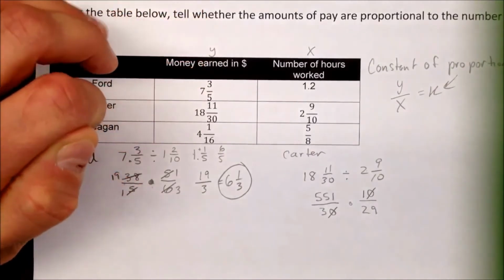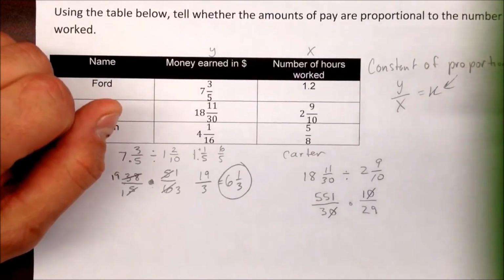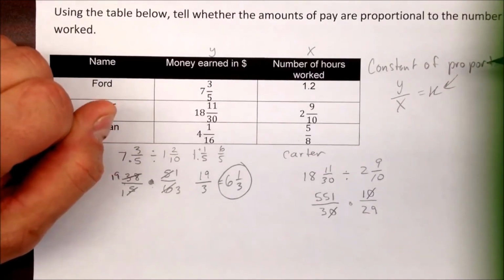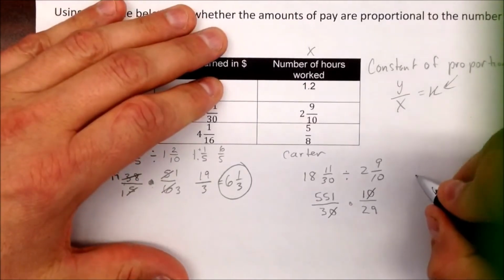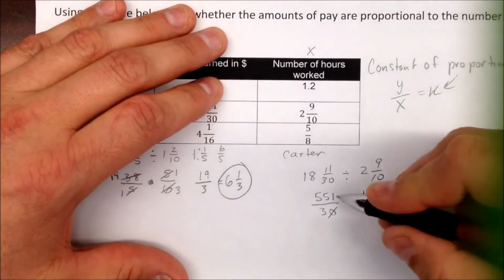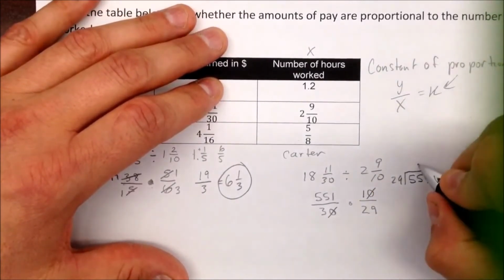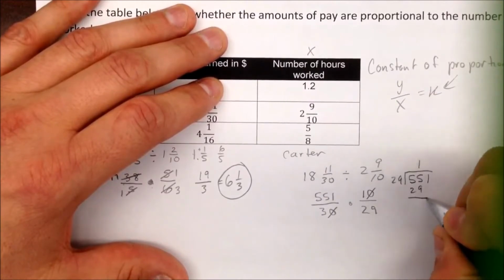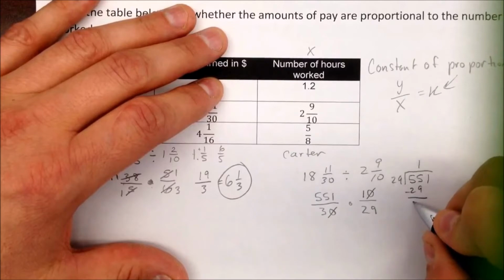That's nice and easy. And then it seems like if I take these two, I'm not sure if 29 goes into 551 or not. So we're going to have to maybe just wait and see. I just want to check because it's a possibility that it does. Let's divide it. We're actually cross-canceling here. I'm just seeing if 29 goes in evenly is all I'm checking. So it goes in one time. That's 29. Subtract and get 26.